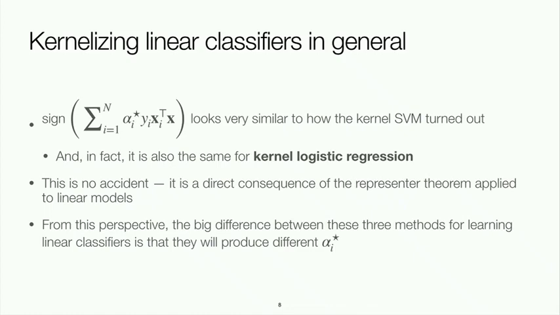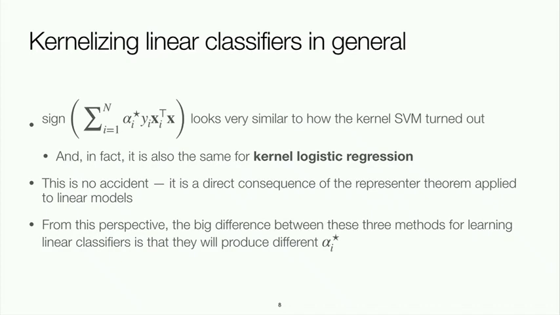This is pretty fundamentally different from the alphas that we learned from the SVM, right? What were the alphas there? Let me rephrase the question.